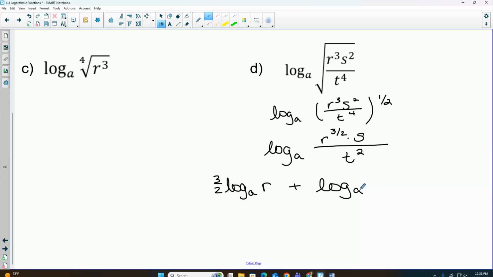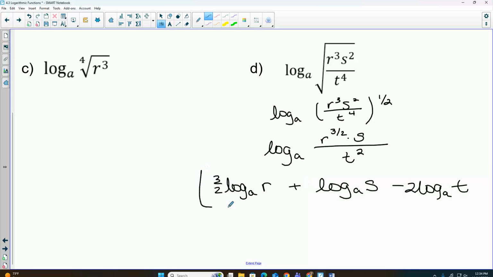Then, this one was multiplied, so we have plus log base A of s. Then it was divided. So we subtract log base A of t squared, so where would we put the t, or the 2?